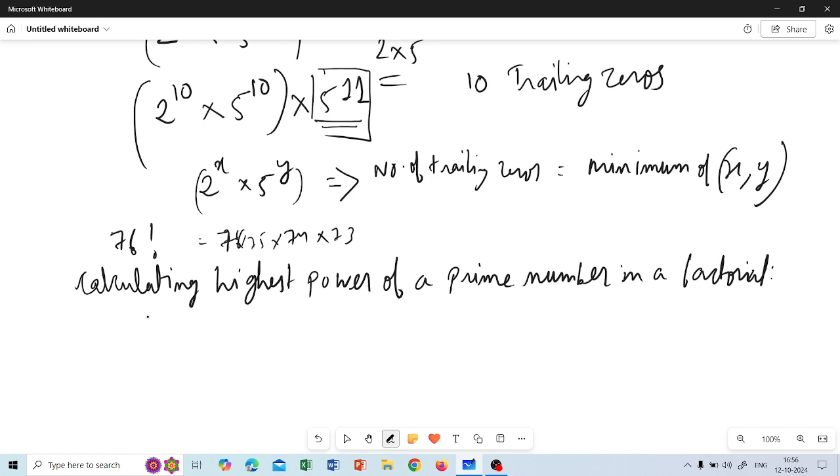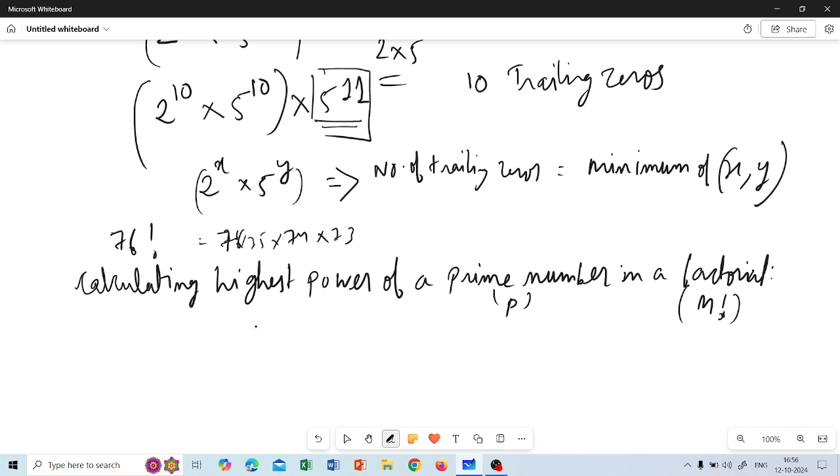So how we do this is, let me assume this prime number is p, and the factorial is n factorial. The number is n, and the factorial is n factorial.